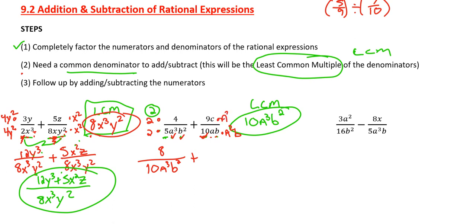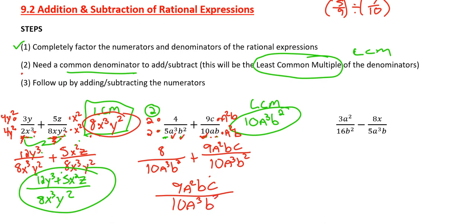So times a squared b at the top. So it's going to be 9a squared bc over 10a cubed b squared. And then we actually add those up. So at the top, we'll end up with 9a squared bc over 10a cubed b squared.